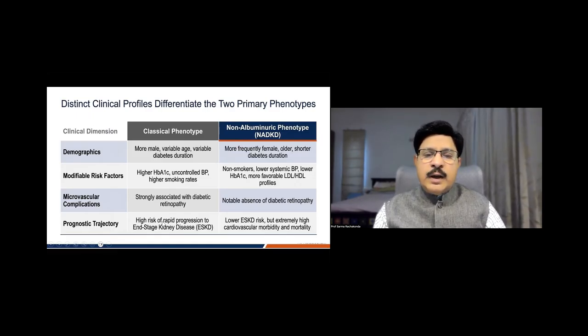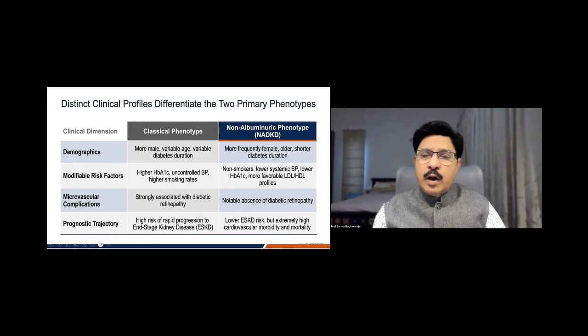Prognostic trajectory: high risk of rapid progression to end-stage kidney disease in the classical type; low risk of ESKD, but extremely high cardiovascular mortality in the other. What does that mean? The classical phenotype is strongly associated with retinopathy and other microvascular complications, and he progresses to renal failure and end-stage renal disease.